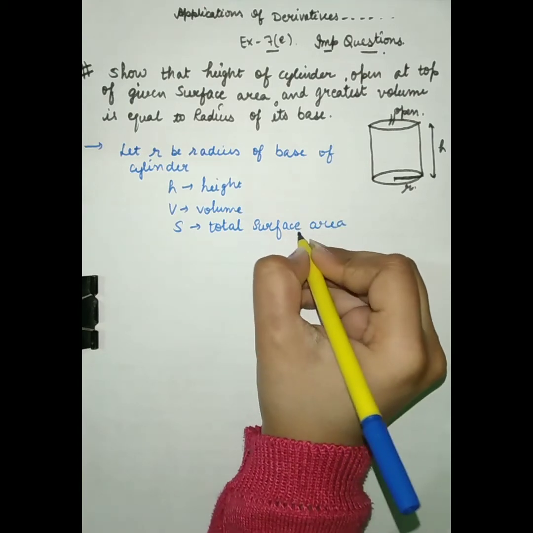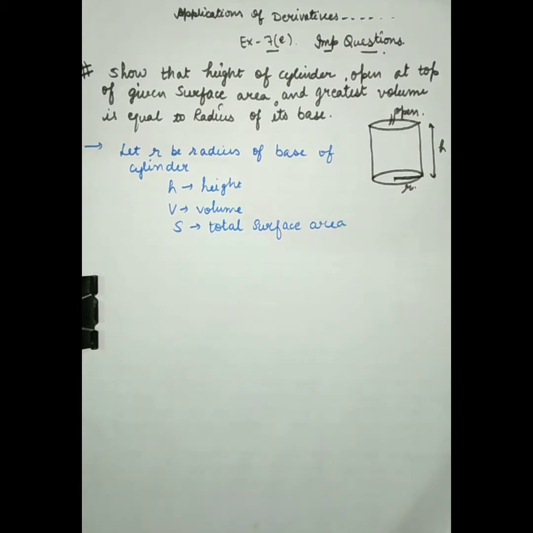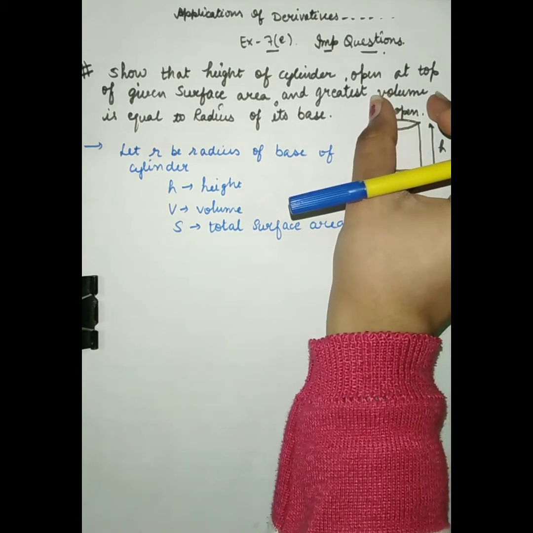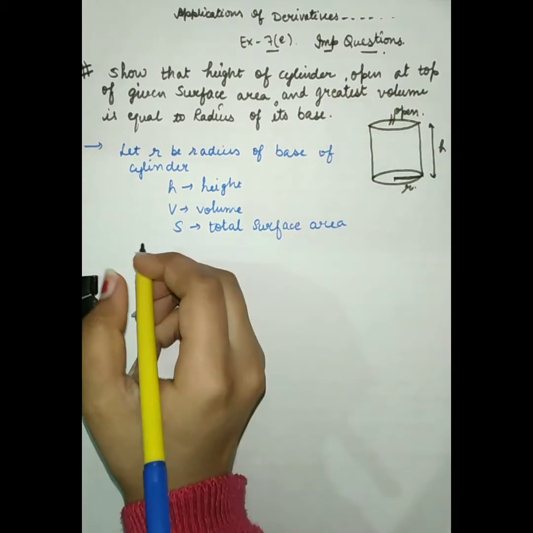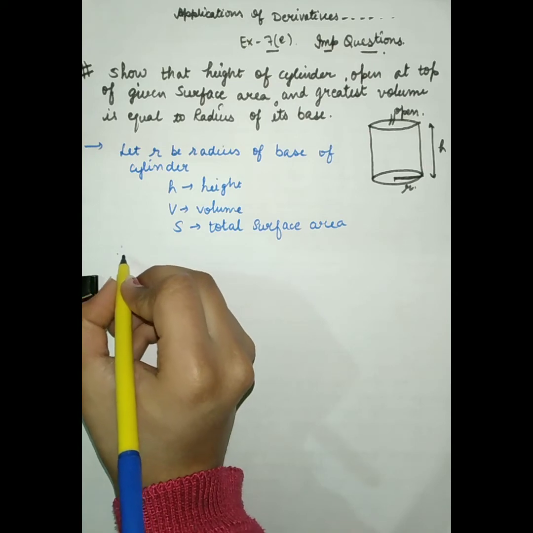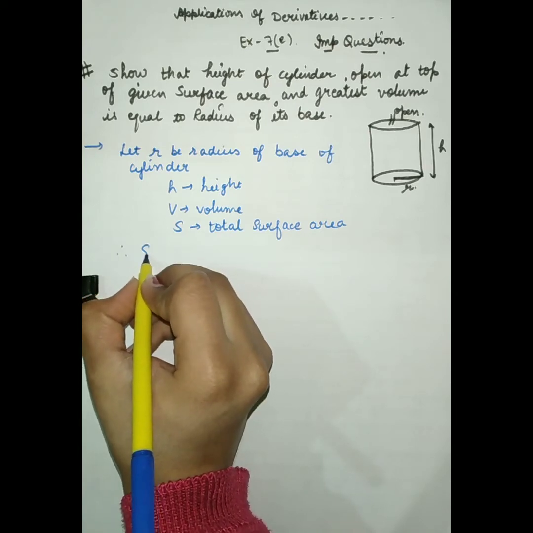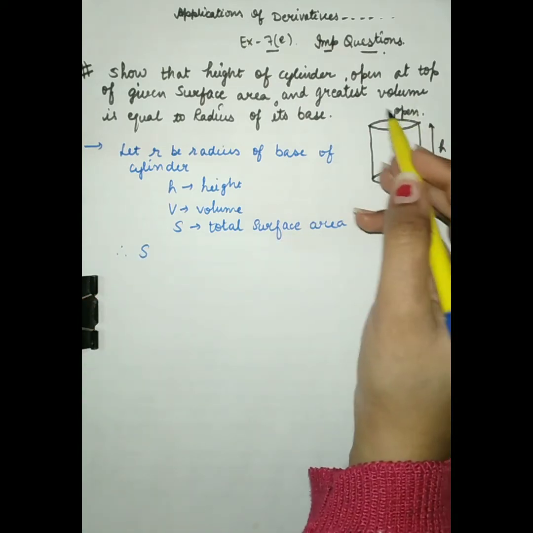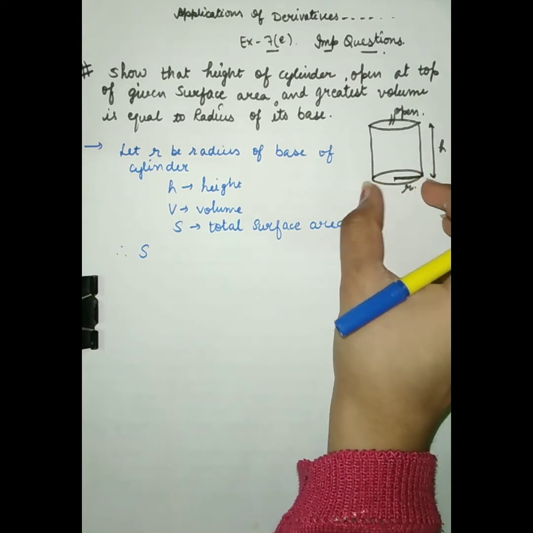Then we have to find its greatest volume. So for this, firstly we will write the formula for the surface area of this cylinder which is open from the top and closed from the bottom.